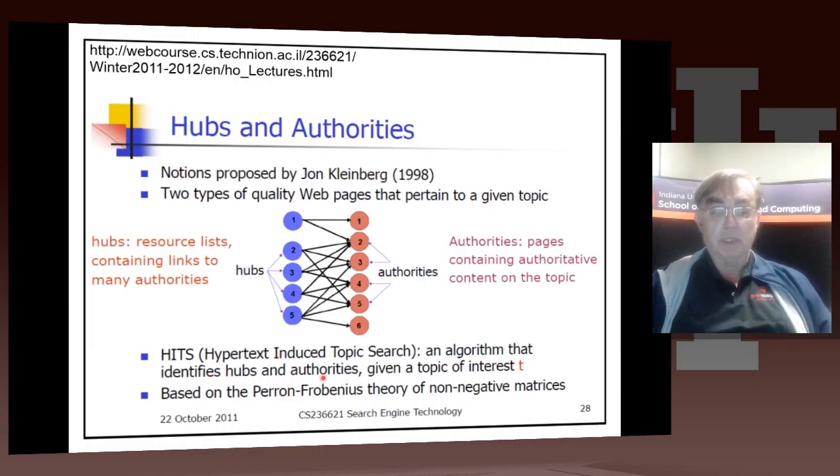And so HITS was an early technology which took a topic and found you hubs and authorities. So that's an example of data analytics, and modern search engines have such data analytics. We won't discuss HITS, but we'll touch on related ideas later on in this unit.